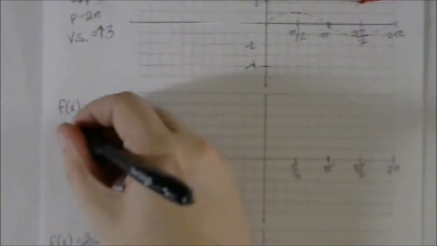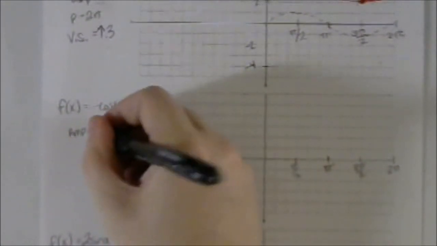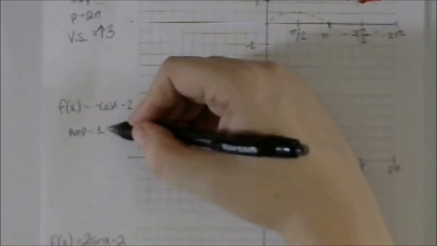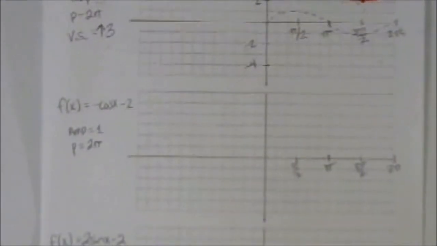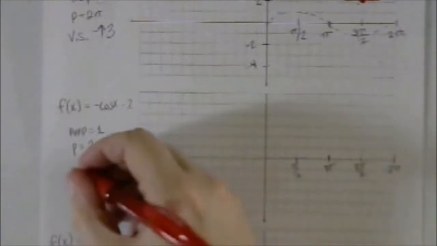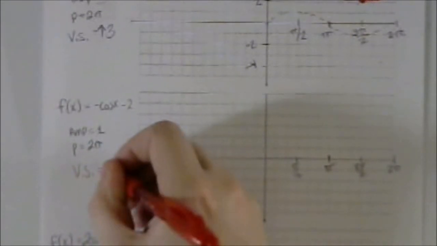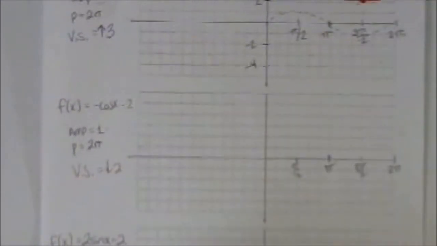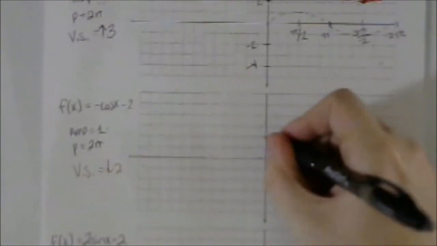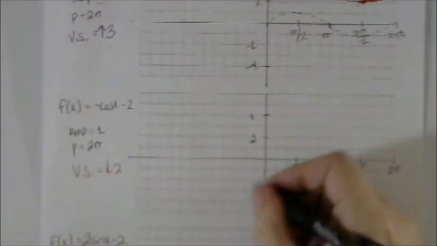I believe the same y-axis scale that we used before will work, but I know the amp is 1, which means the highest value is +1 and the lowest value is -1. If I subtract 2 from that, subtracting 2 from a lowest point of -1 gives me a lowest point of -3. So the same scale I used on the last example of 4 will work for this example as well.